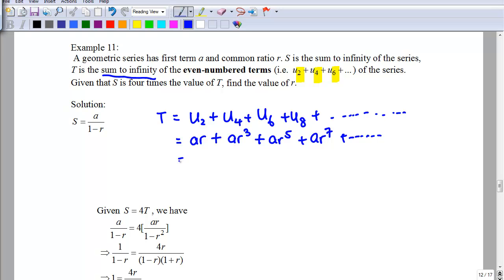Knowing that t is the sum to infinity, we know that t should be a prime over 1 minus r prime, where we use the prime here to indicate the new first term and new common ratio of t.